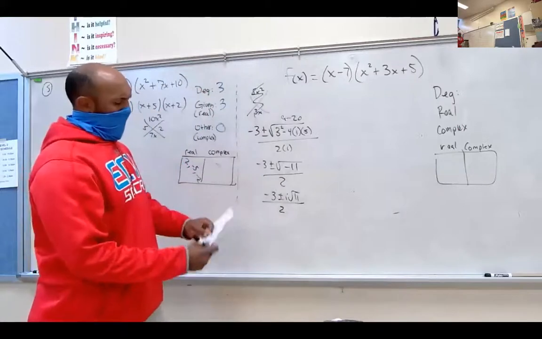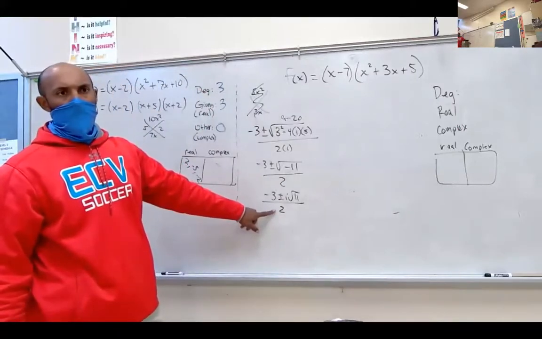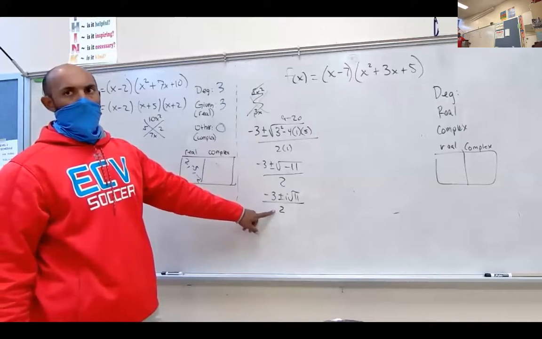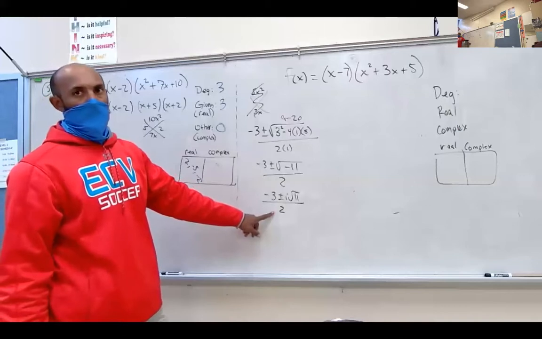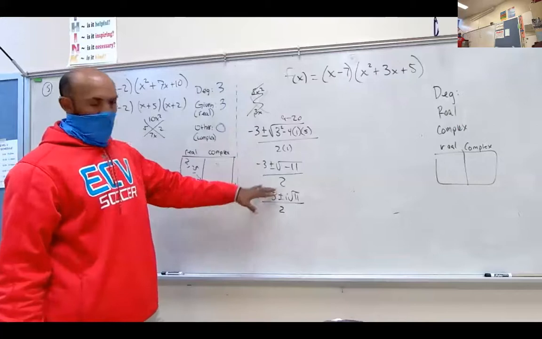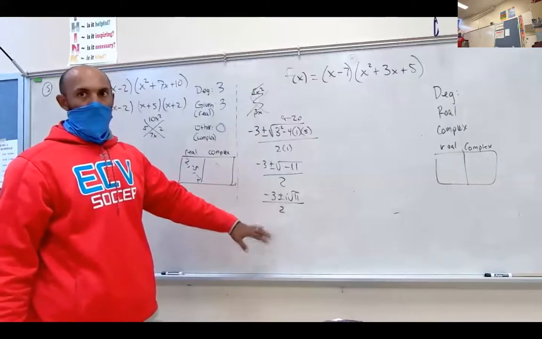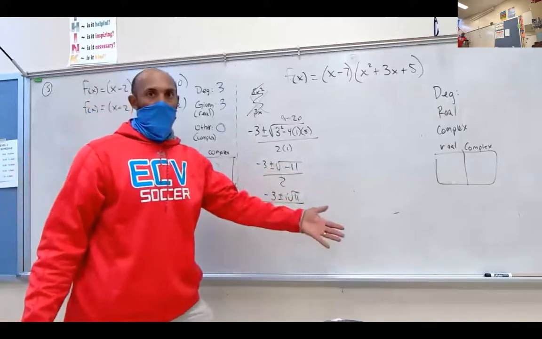Now, how many roots do you get from that? Anytime you do the quadratic formula, we're always expecting how many roots? 2. And where do the two roots come from? What part of this makes it 2? Plus and minus. You've got a plus version of this and then a minus version.